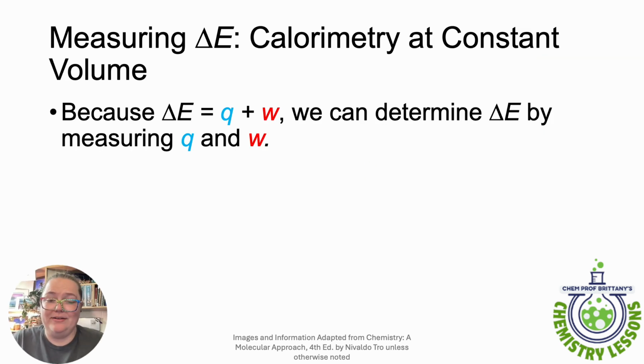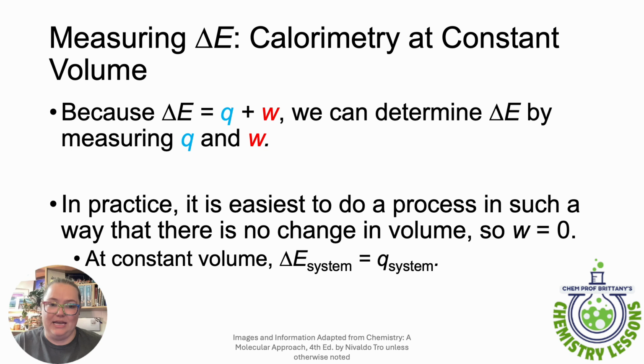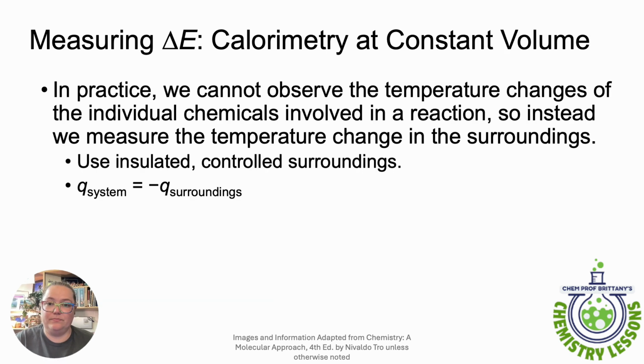We can determine our delta E by measuring Q and W. In a chemistry lab, it is easiest to do this so that we don't have a change in volume. If we don't have a change in volume, that eliminates the work portion, and we can say that the change in energy of the system is equal to the heat that we calculated.